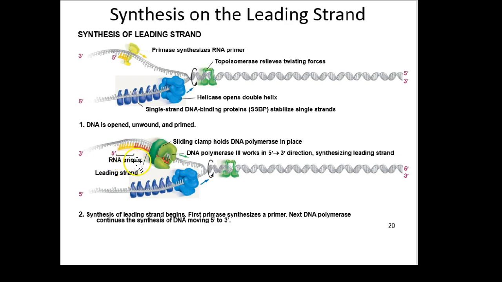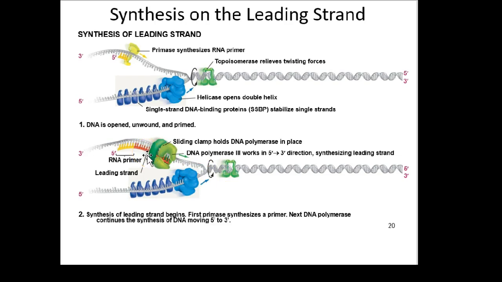It is being synthesized from left to right, which is from 5' to 3'. This is the 3' end of the new molecule. That means that the template strand, which is in light gray, is oriented so that this side is the 3' side, this side is the 5' strand, so that the two are anti-parallel to one another.